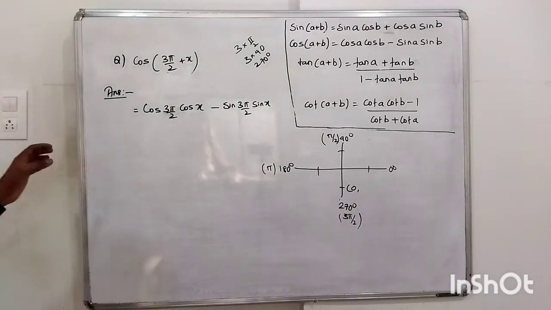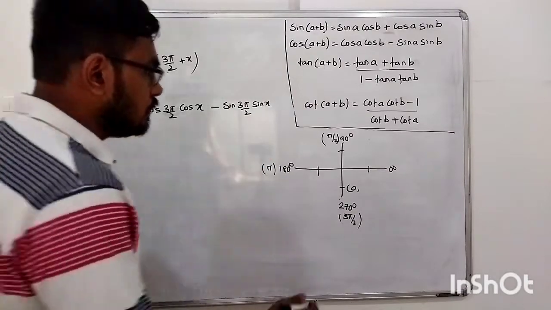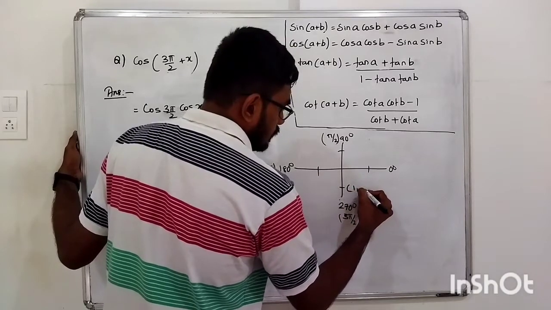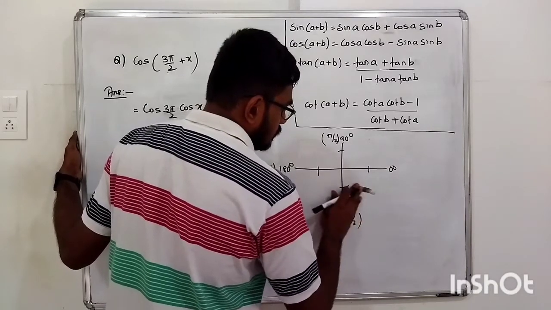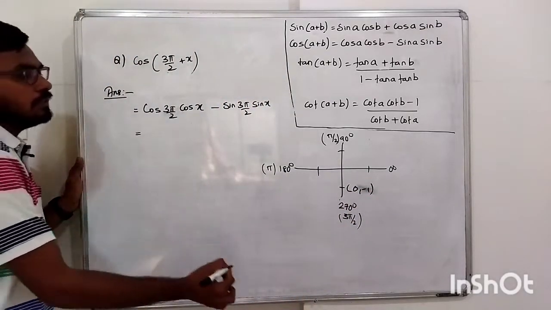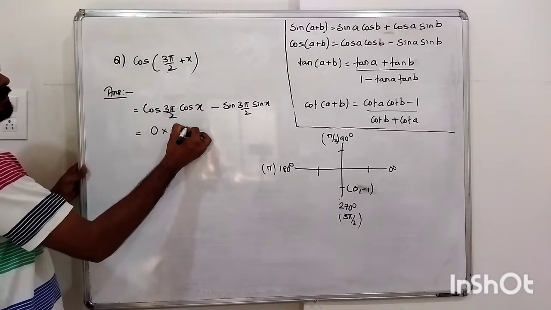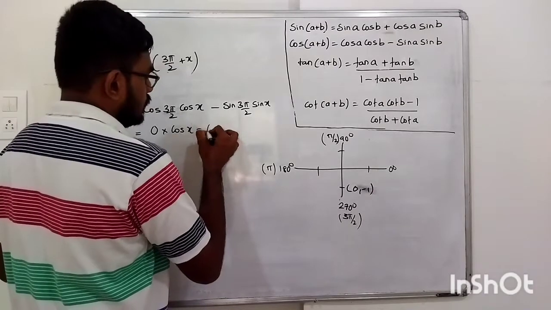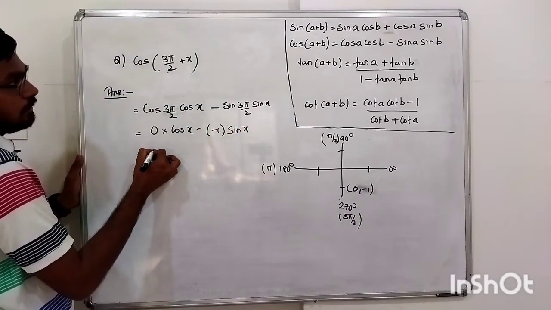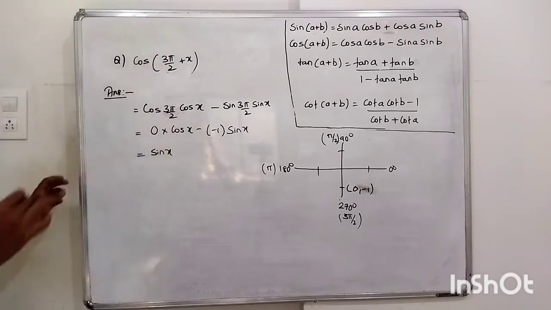That can also be said as 0 or further angle 2 pi. Here it is 0, minus 1, sorry, 0 minus 1. So cos of 3 pi by 2 is obviously 0. So the answer is 0 into cos x minus, sin 3 pi by 2 is minus 1, into sin x. So cos 3 pi by 2 plus x is plus sin x.